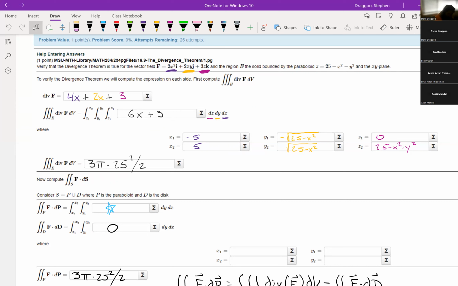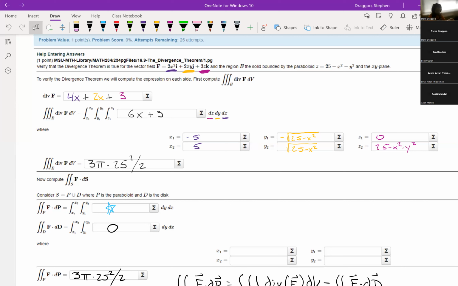And if we think about the way we're constructing this solid, it has 2 surfaces or faces that I really want to consider. It's got the paraboloid defined at the beginning, z equals 25 minus x squared minus y squared. That's our paraboloid. The other surface this thing has is the disk down in the bottom, the disk in the xy plane. That's just that circle with a radius of 5 centered at the origin.